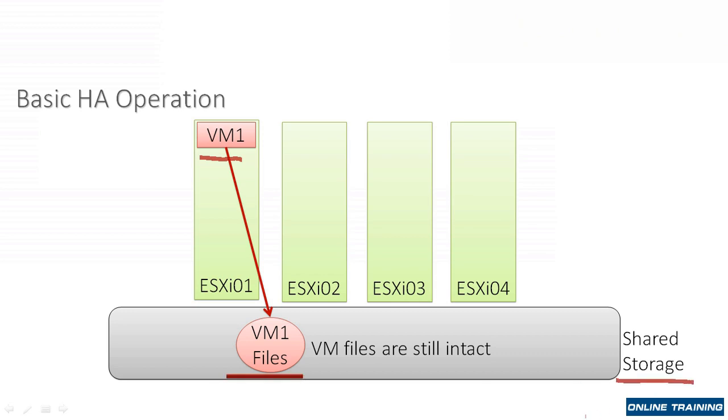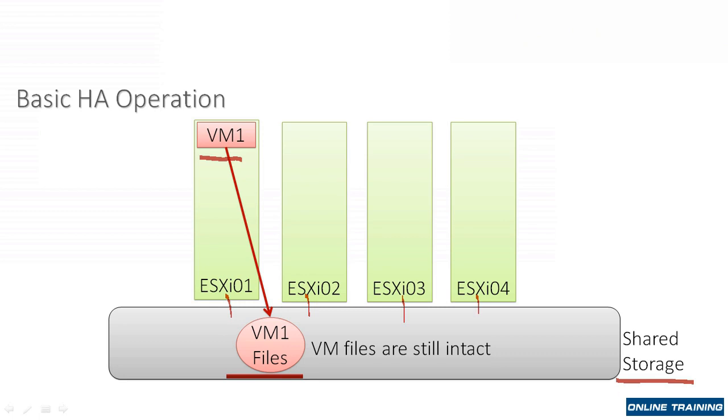And by the way, shared storage is required for HA. So I have to have some sort of shared storage system that all of my hosts in the cluster have access to.